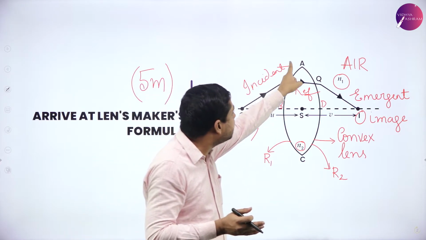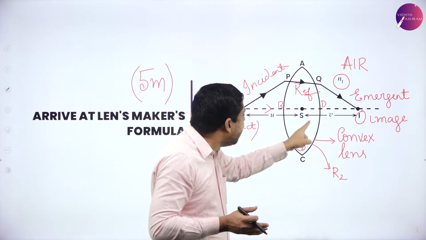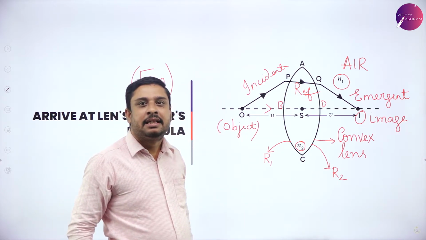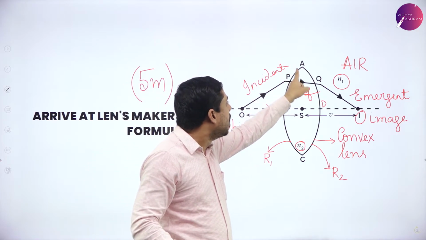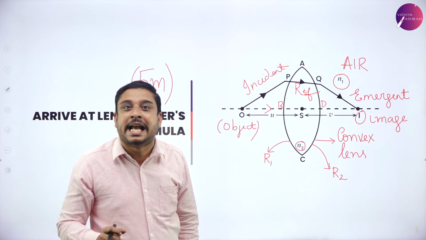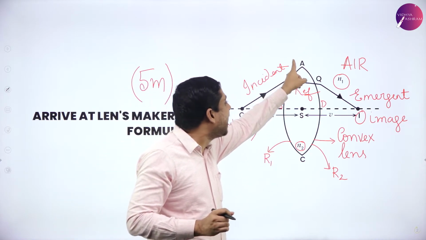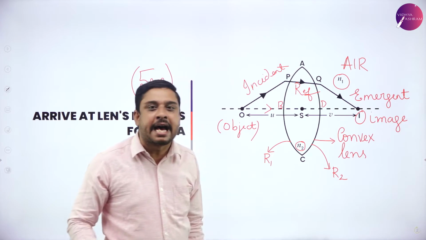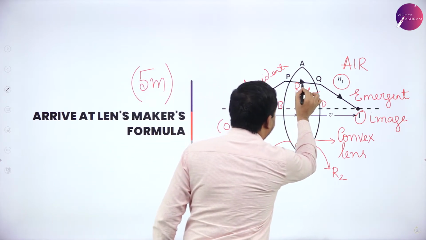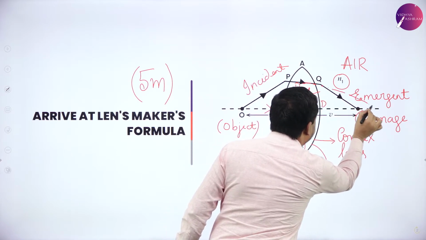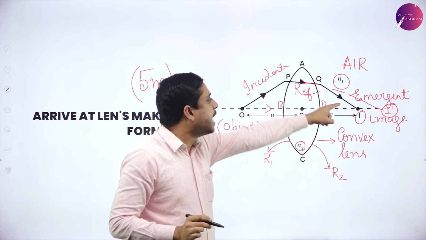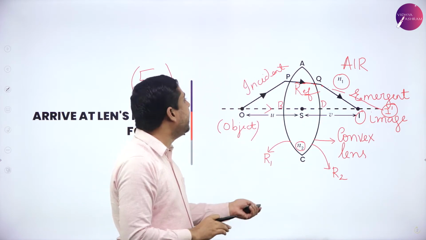The surface ADC is absent. There is no presence of ADC. Light cannot bend at ADC as it is not considered. So what should happen? Now light has to travel straight and the image has to be formed at I dash.